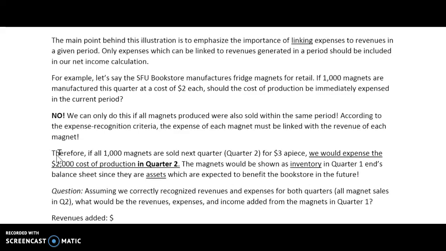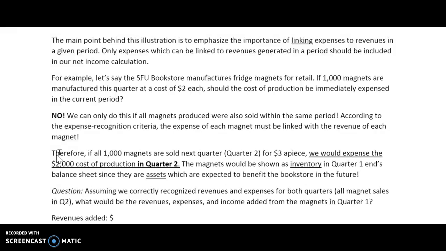Let's assume the SFU bookstore manufactures fridge magnets for retail. We're going to make 1,000 magnets this quarter at a cost of $2 each. And we're going to ask the question, should the cost of production for these 1,000 magnets be immediately expensed in the current period?